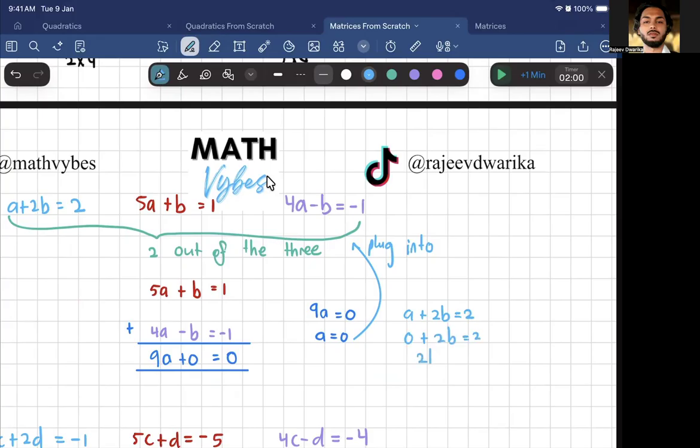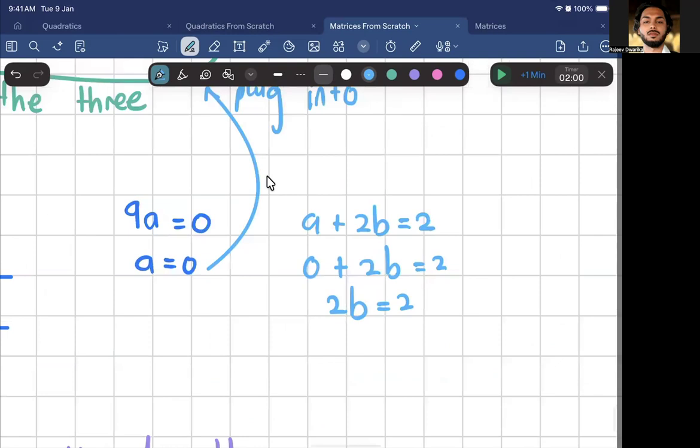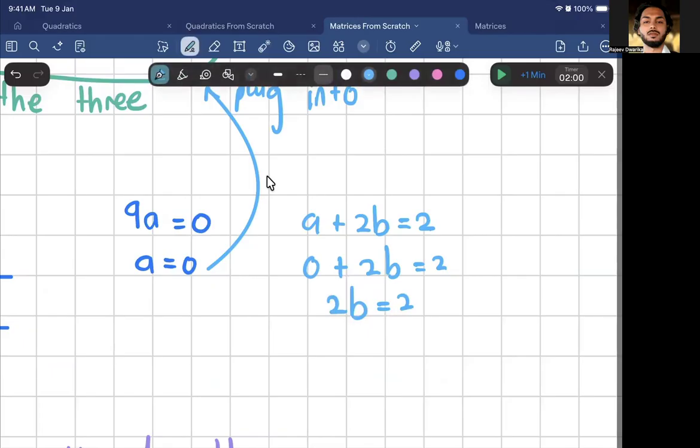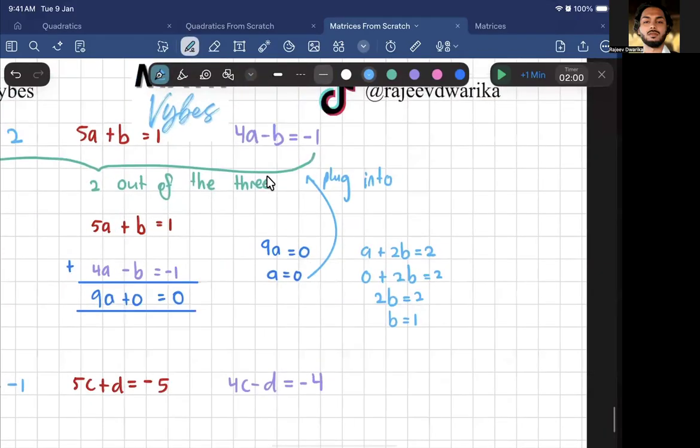So 2b is going to be equal to 2. And how would I solve for b? What by 2 would give me back 2? 2 by what? 1. So b is 1. And if you wanted to do the long way, you would divide both sides by 2 to find 1b. So b is just equal to 2 divided by 2, which is 1. Great. So we just found a and b.